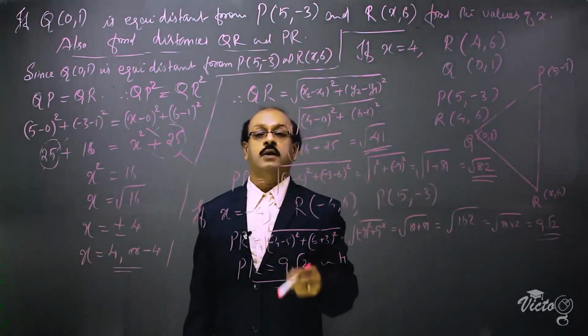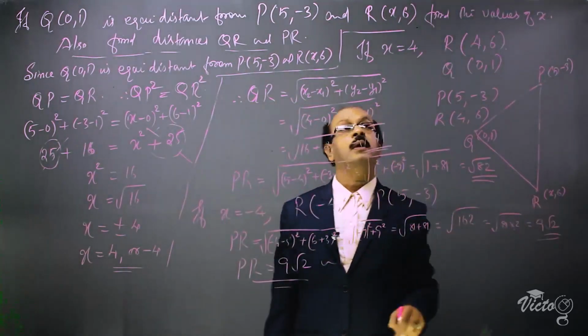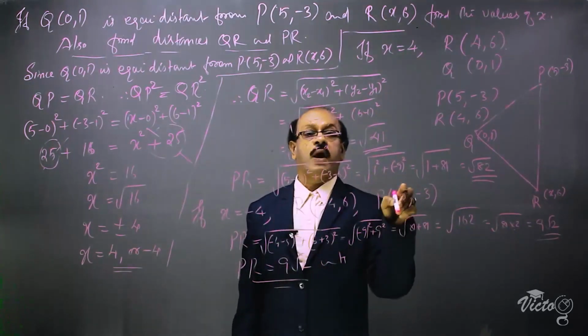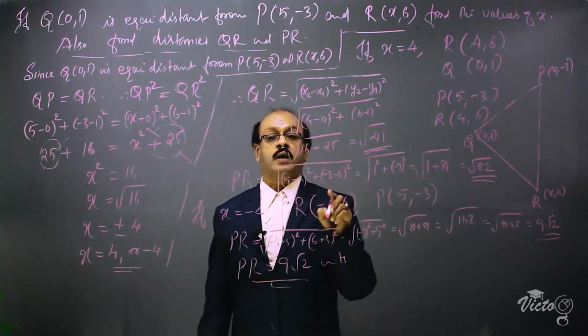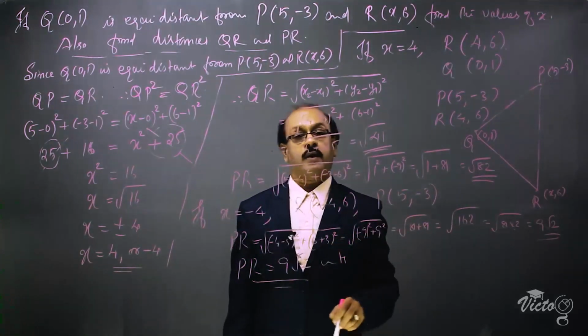The two values are different because x is 4 and -4.